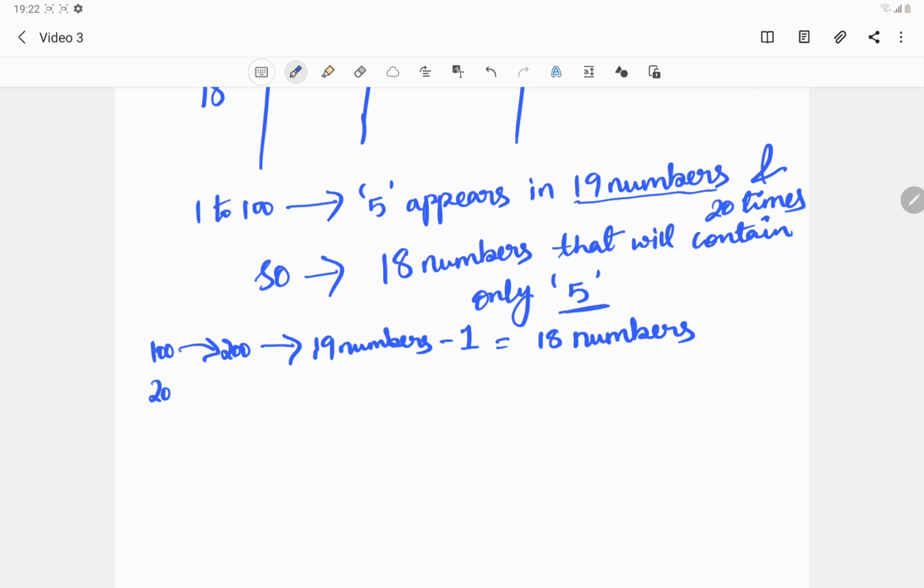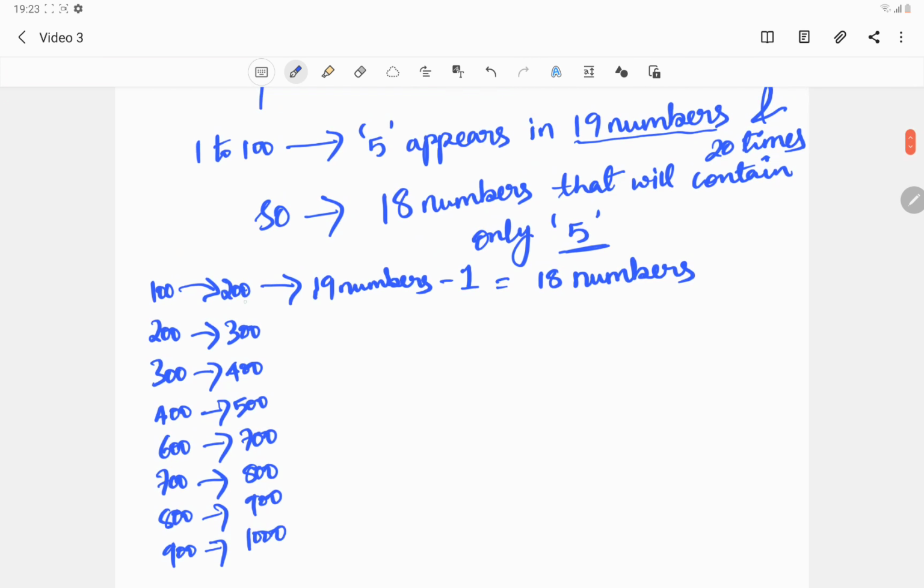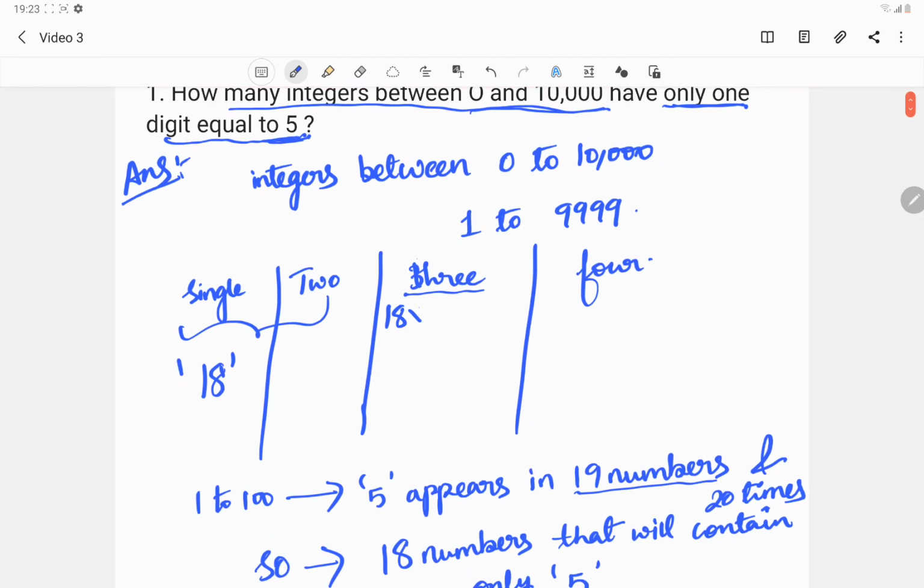Similarly, from 200 to 300, 300 to 400, and from 400 to 500, and from 500 to 600 we'll discuss in a couple of minutes, and from 600 to 700 again it will be the same, 700 to 800 the same, 800 to 900 the same, 900 to 1000 the same. So 1, 2, 3, 4, 5, 6, 7, 8. So this is nothing but 18 into 8 in addition to it.